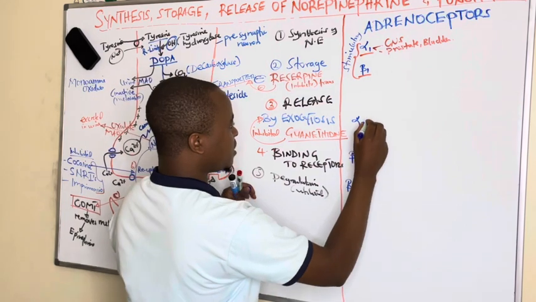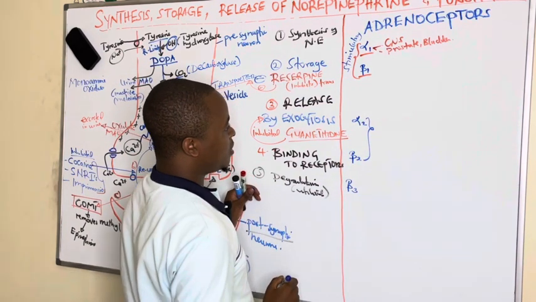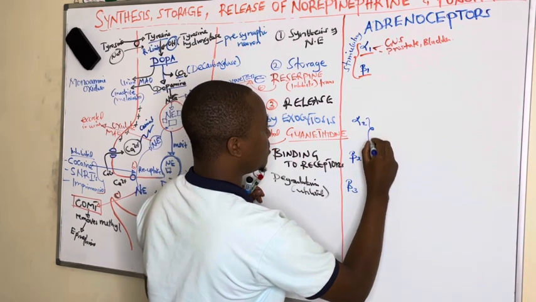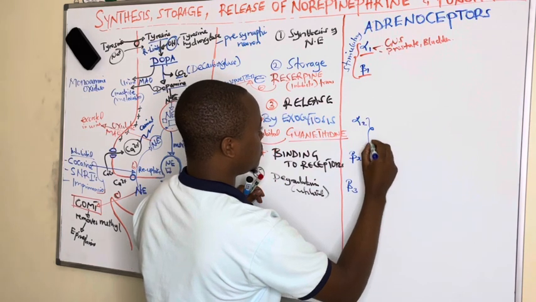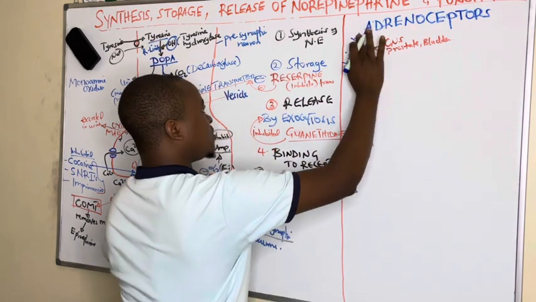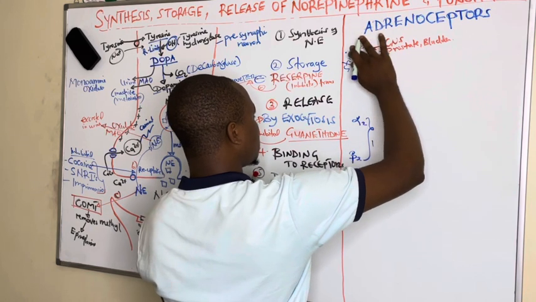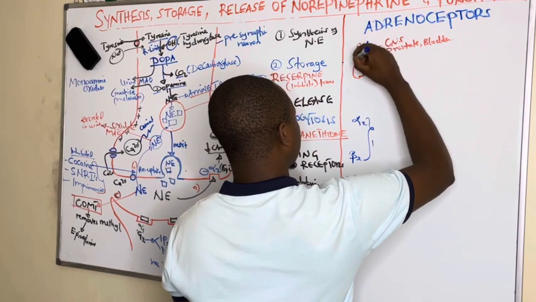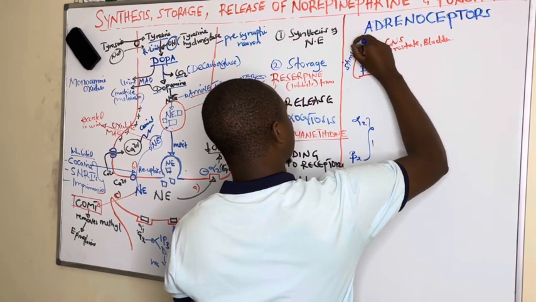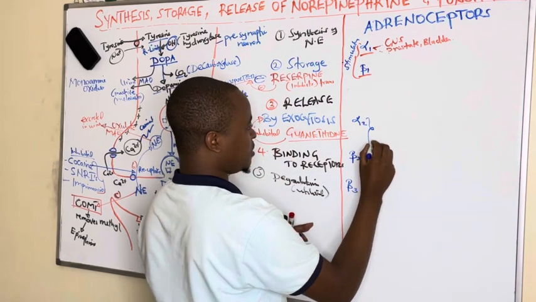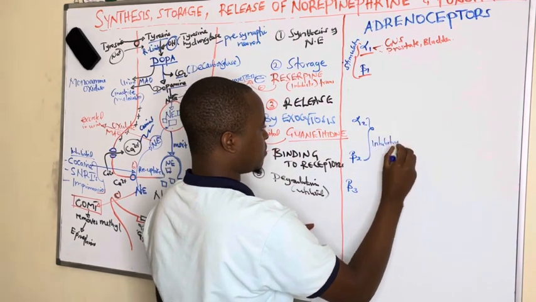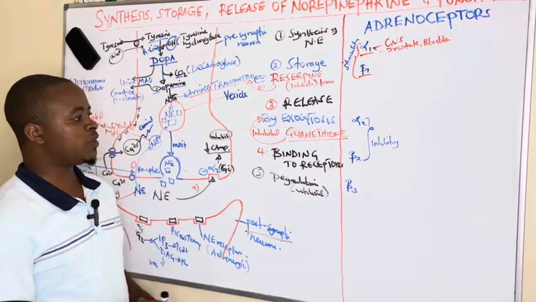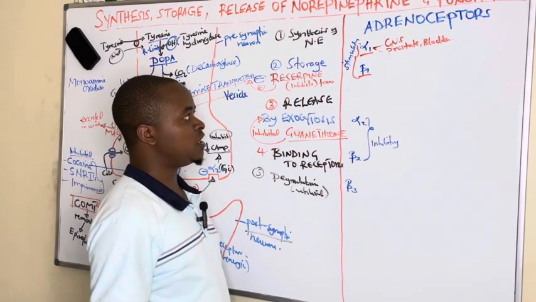This is different from alpha 2 and beta 2, which are inhibitory. For them, the responses that come result in inhibition.